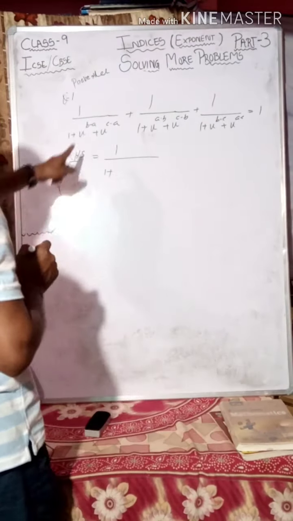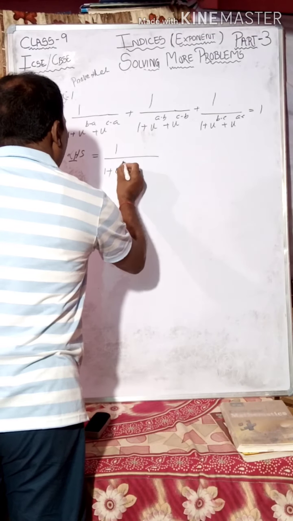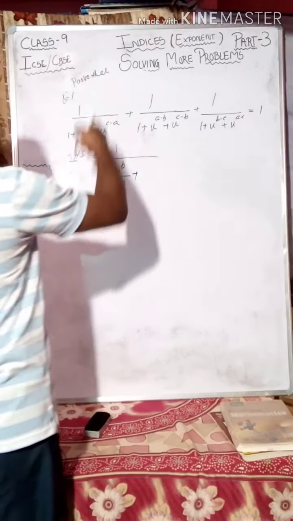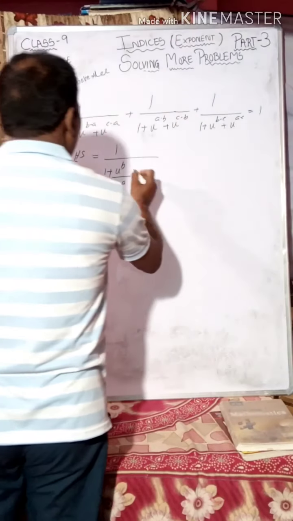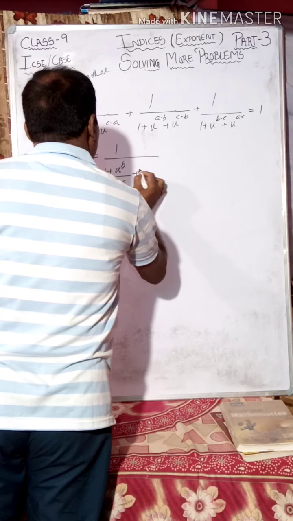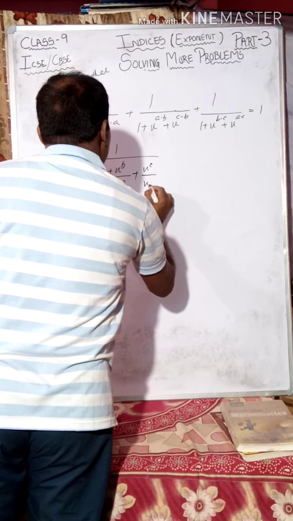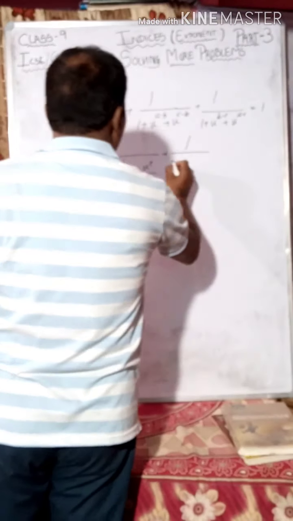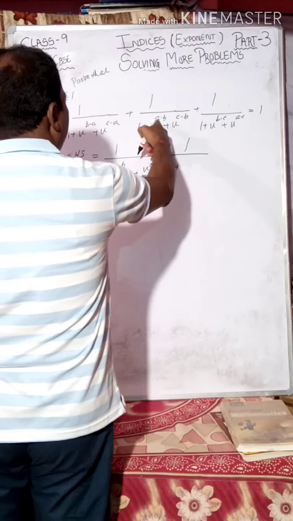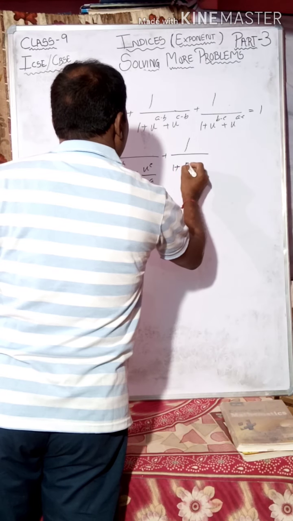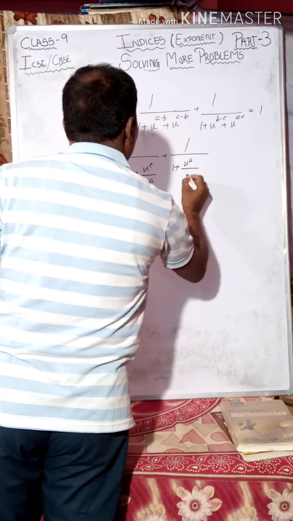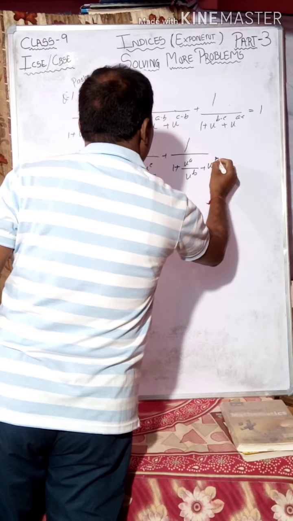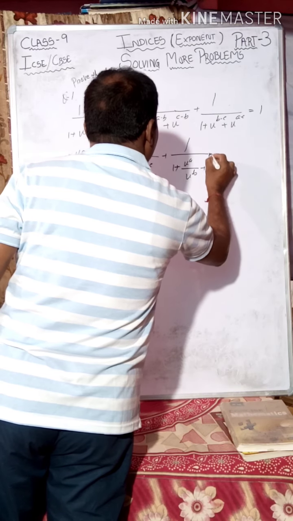So x to the power b minus a means x to the power b upon x to the power a, plus x to the power c minus a means x to the power c upon x to the power a. Likewise, the second term: 1 upon 1 plus x to the power a minus b means x to the power a upon x to the power b, plus x to the power c upon x to the power b.